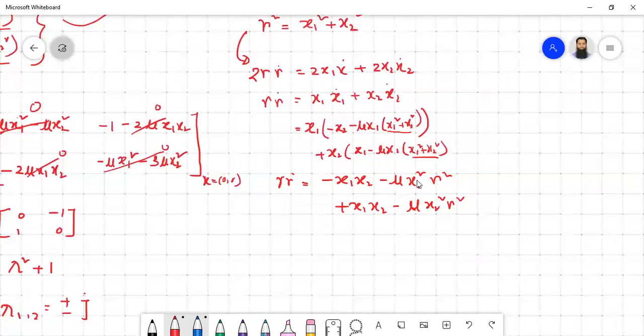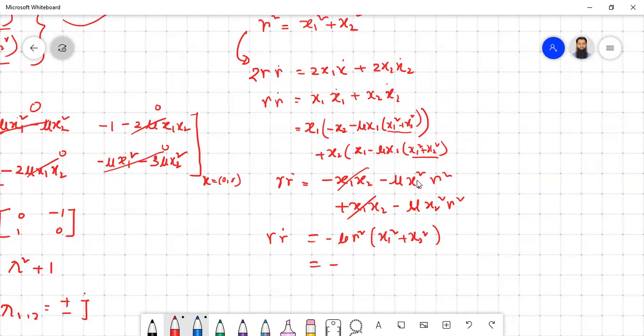So this one is getting cancelled out. What is left is r r dot equal to minus mu r square common, so minus mu r square times x1 square plus x2 square.